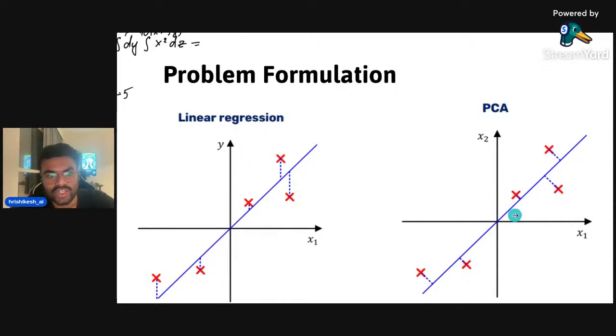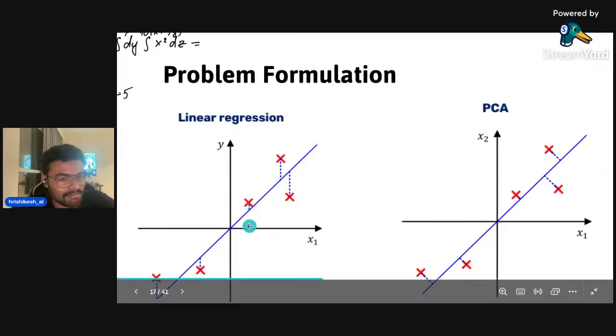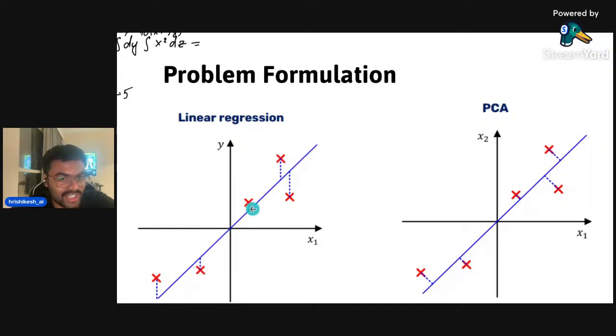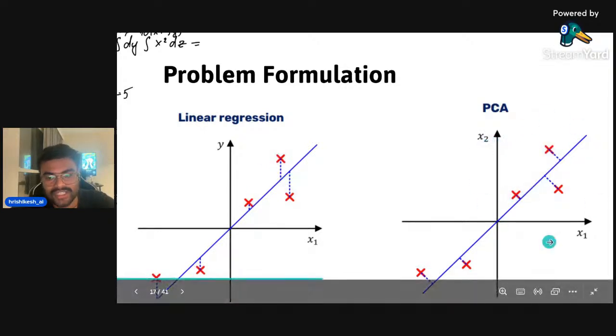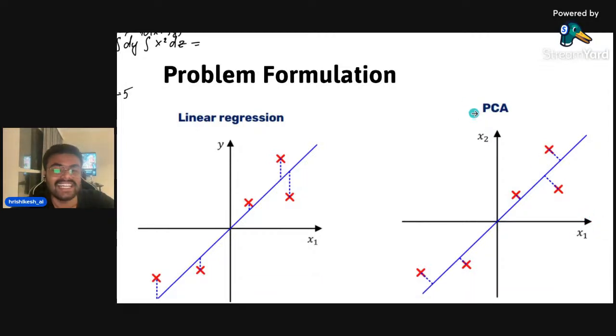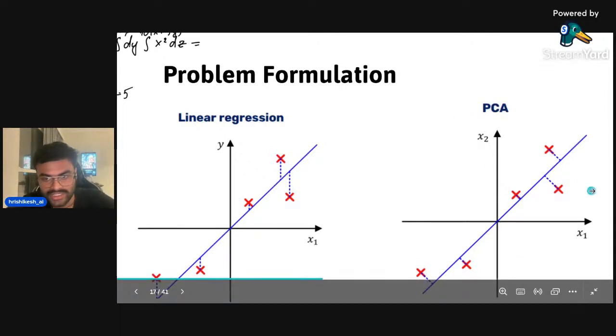Why? Because if we just use this one, the x1 part is preserved, the information is preserved. But for the y here, this is not preserved because we are doing this. But while doing perpendicular, we are compromising a bit with x1 and a bit with x2, but we are retaining more of the information. That is the reason we say it's perpendicular or orthogonal.